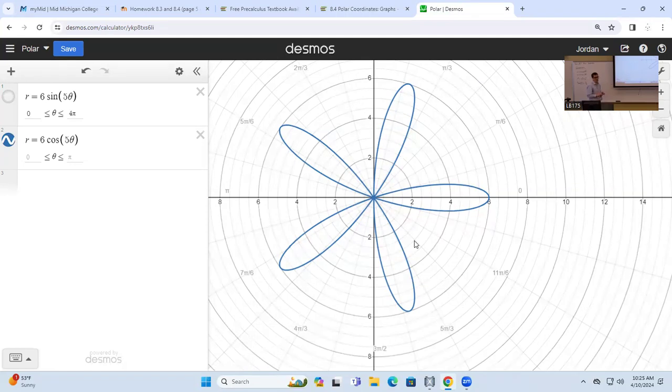Okay. y equals 3x plus 4, that equation we saw earlier, is going to be much easier to manipulate in rectangular.